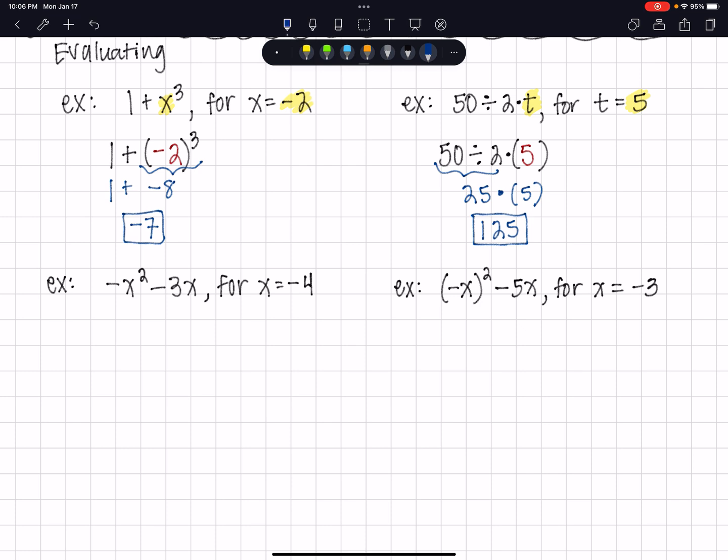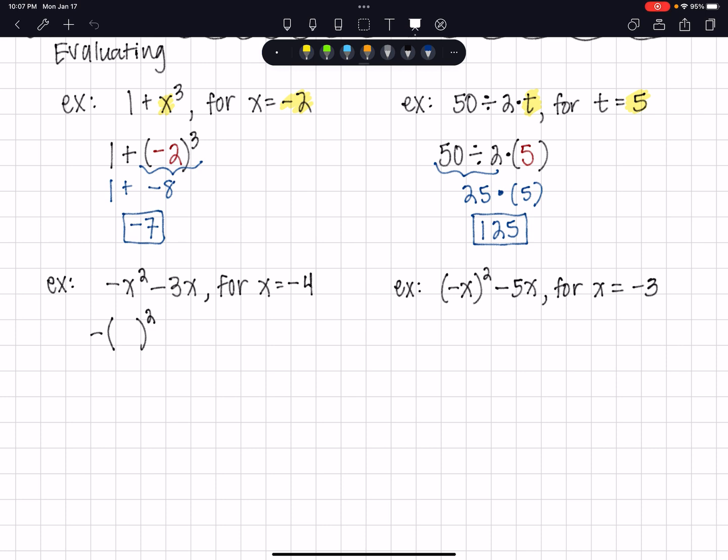Here we have the opposite of x squared minus 3x when x is equal to -4. I'm going to rewrite this expression, replacing the x with parentheses. Now, in this case, the negative that's out front, this opposite, is not attached to the exponent.